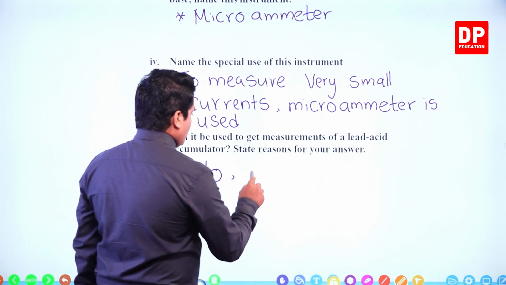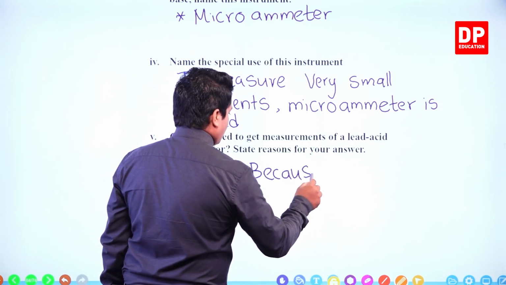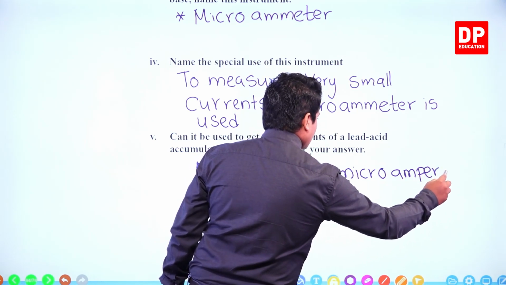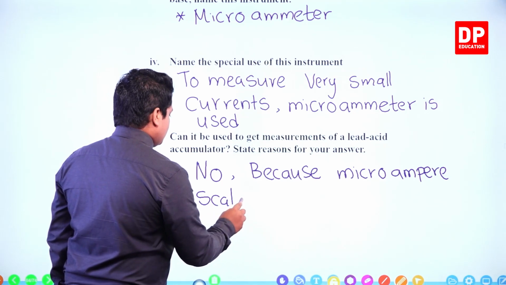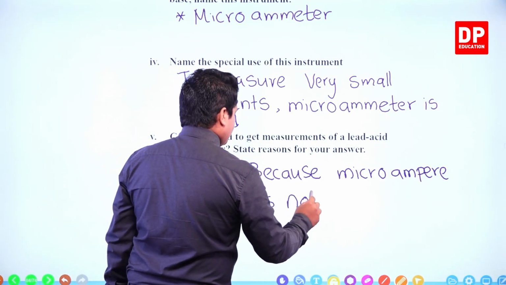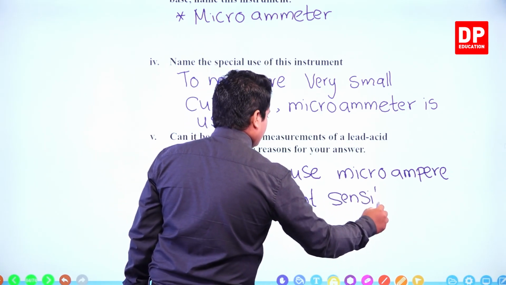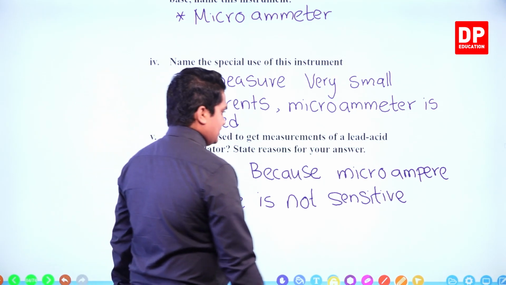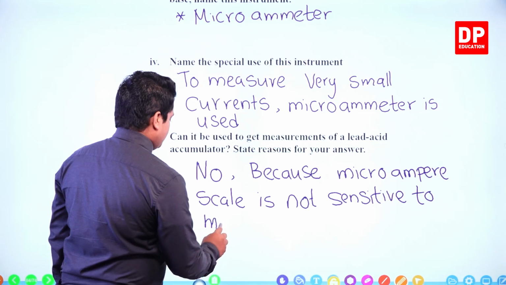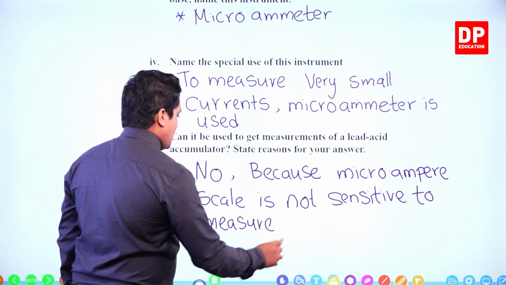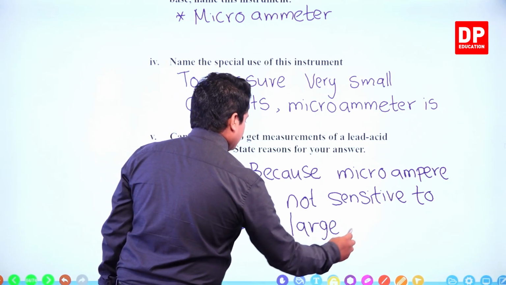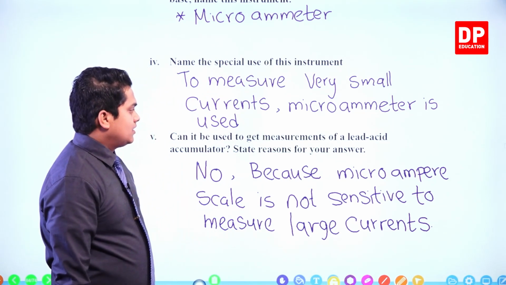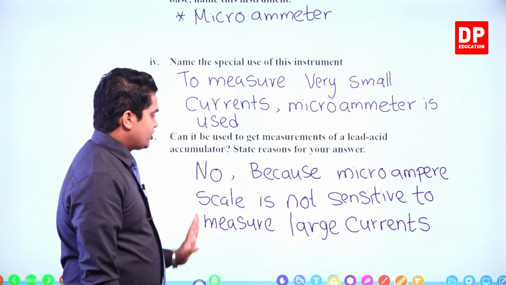The reason is that the microampere scale is not sensitive to measure large currents.